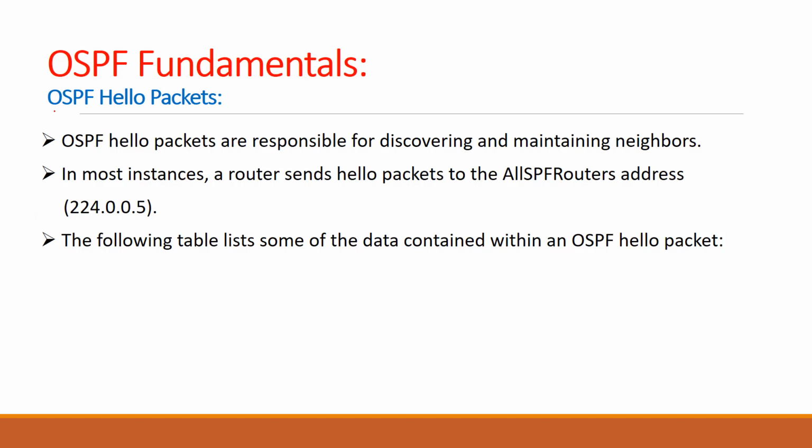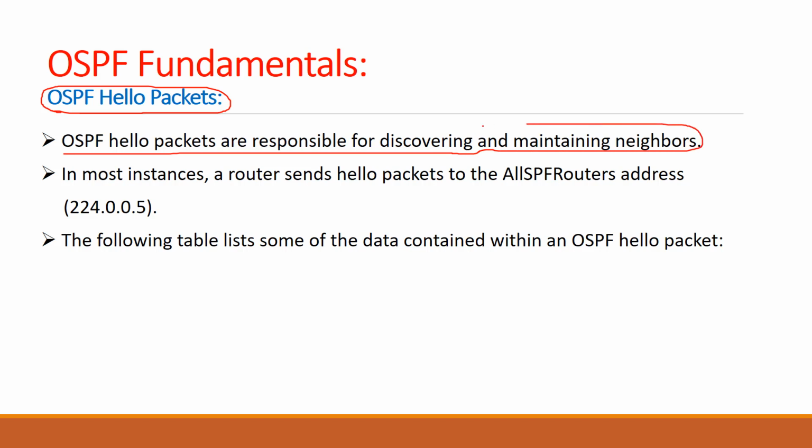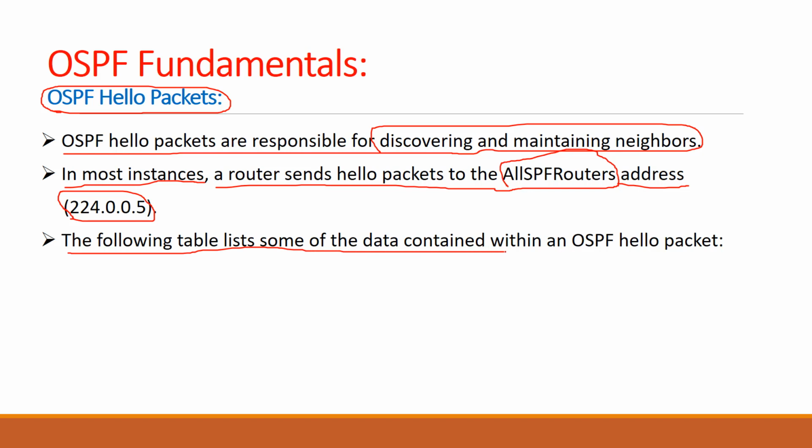So let's discuss the OSPF hello packets. OSPF hello packets are responsible for discovering and maintaining neighbors. In most instances, a router sends hello packets to the all shortest path first routers address, which is 224.0.0.5. The following table lists some of the data contained within an OSPF hello packet.